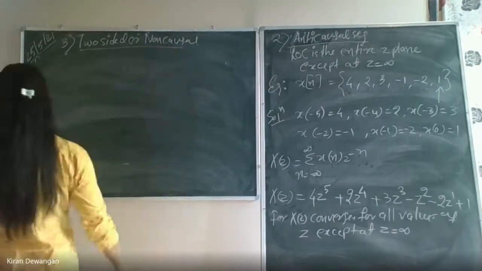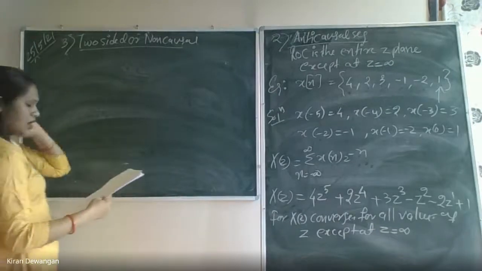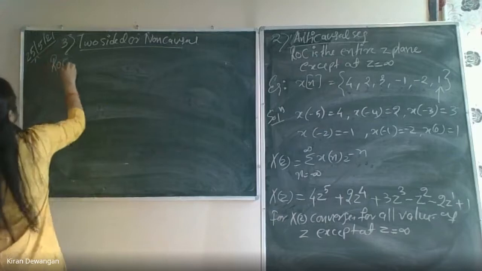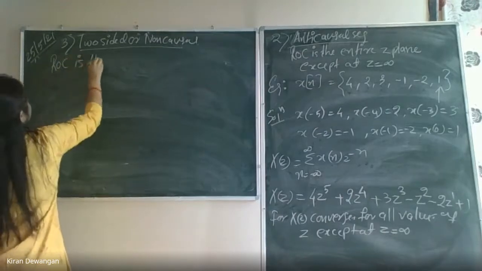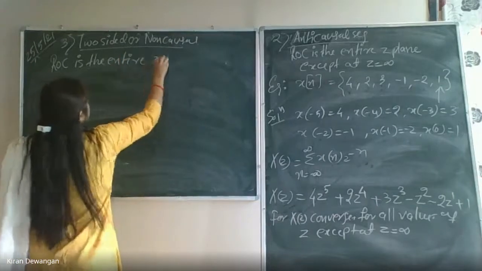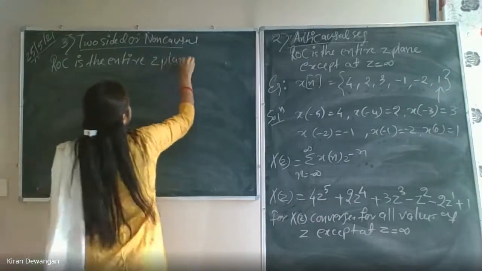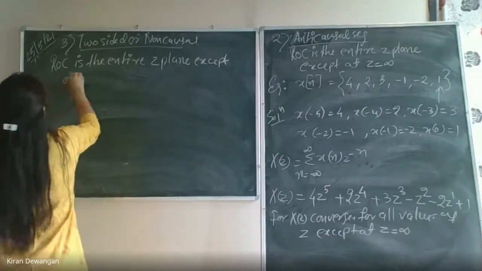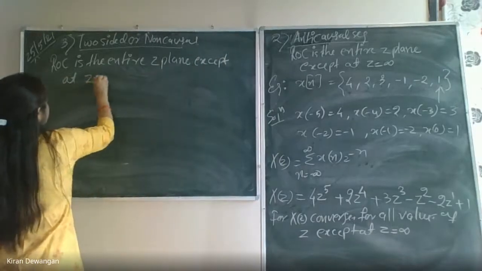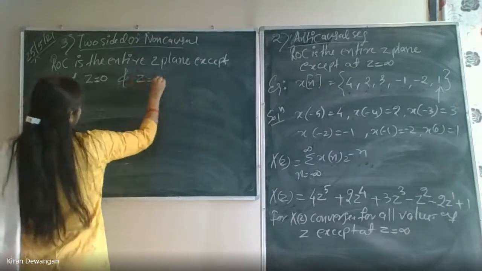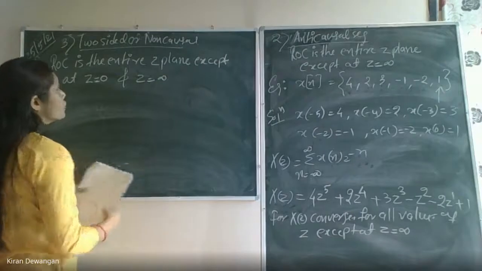ठीक है, for this क्या होगा, ROC is the z plane except at z equals to 0 and z equals to infinity. दोनों कंडीशन होनी चाहिए.